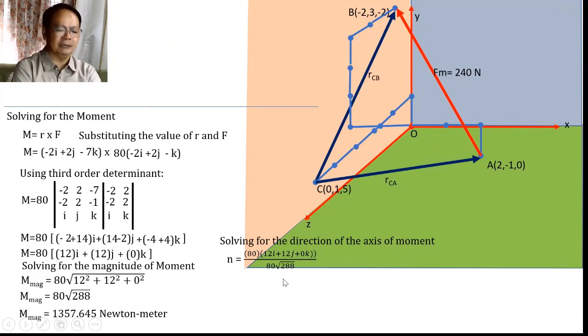You'll notice that I have not simplified this one because later on the 80 and 80 will just cancel each other. So n becomes equal to 12i plus 12j plus 0k over the square root of 288.